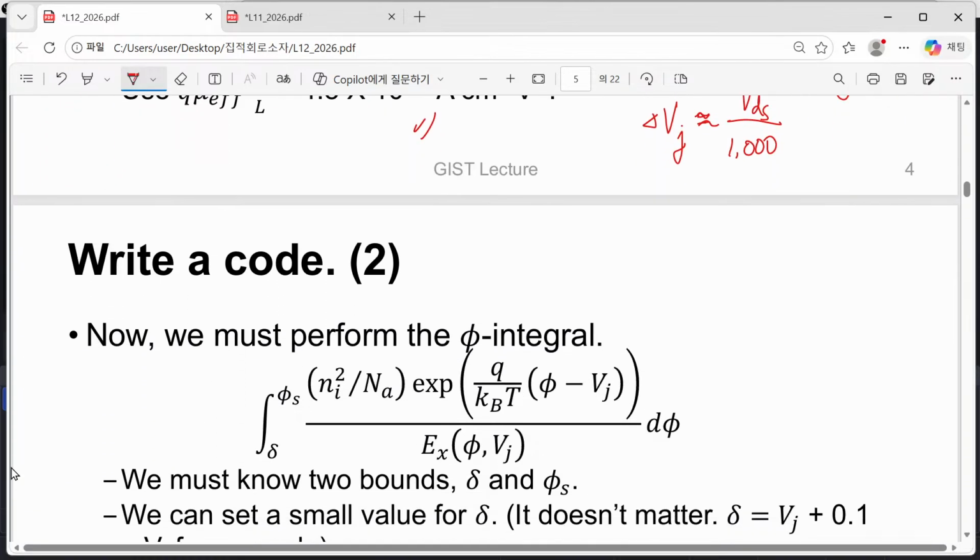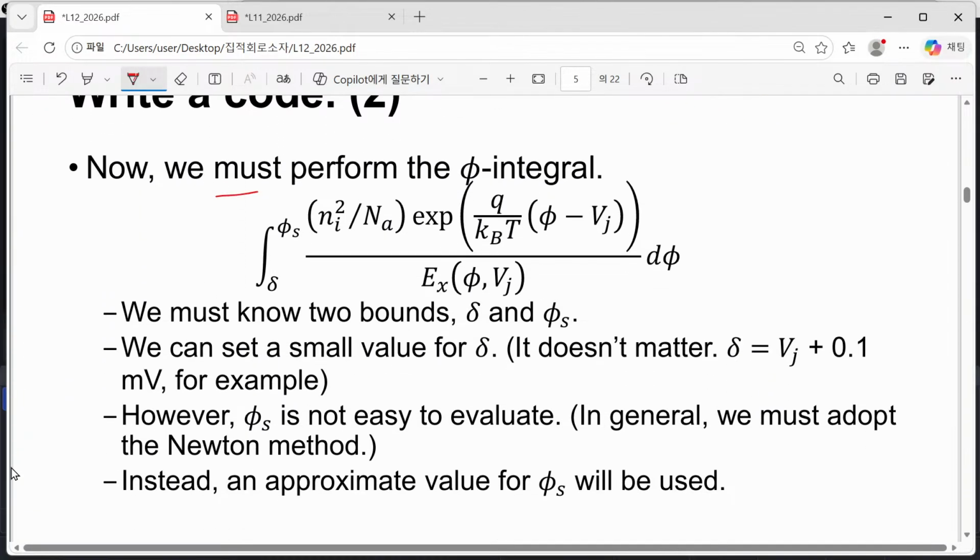So we must perform this phi-wise integral once again. Once again, this is just a given number and some voltage, and here we have an important one, V sub j. This is the electron quasi-Fermi potential of the j-th slab, or j-th bin. Then how can we know this value before performing this integration?